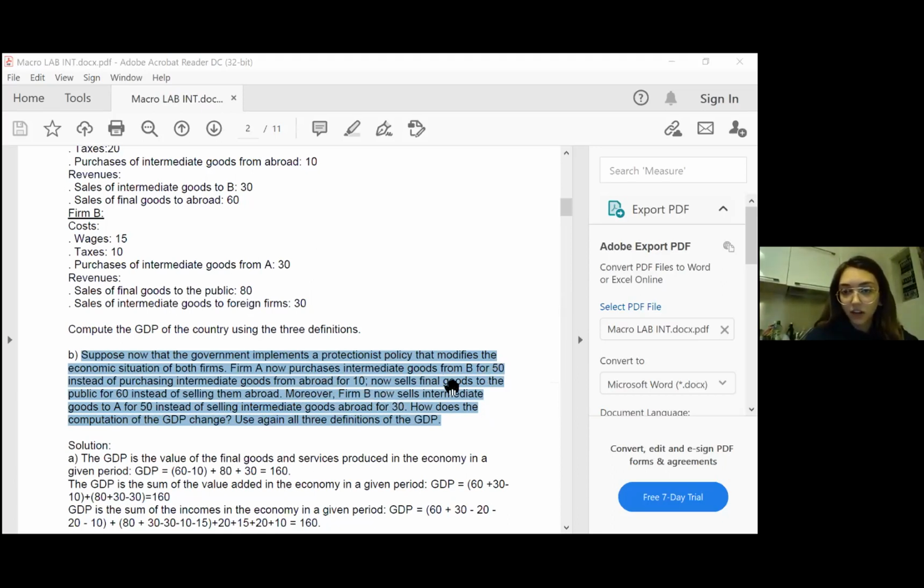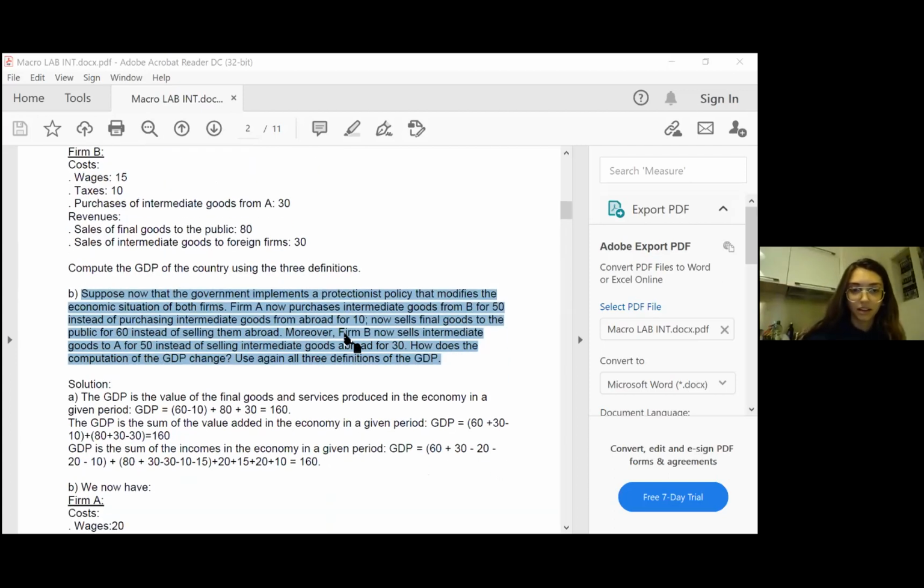And now sells final goods to the public for 60 instead of sending them abroad. And moreover, for firm B, now they sell intermediate goods to A for 50 instead of sending the intermediate goods abroad for 30. Because of course the change that was for firm A is reciprocal. And now they ask you to compute the GDP again with the same three definitions.